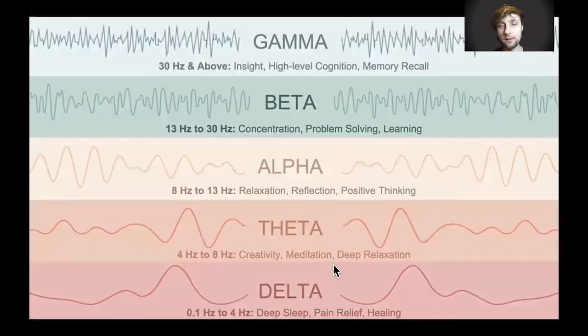frequency. Like our brain, based on what state it's in, has a different operational frequency. For example, if you are in deep sleep, our brain works at very low frequency, from 0.1 to 4 hertz. If we are in a state of creativity, meditation, deep relaxation, it's a little bit higher, 4 to 8 hertz. Then positive thinking, reflection, concentration, problem solving, even higher.